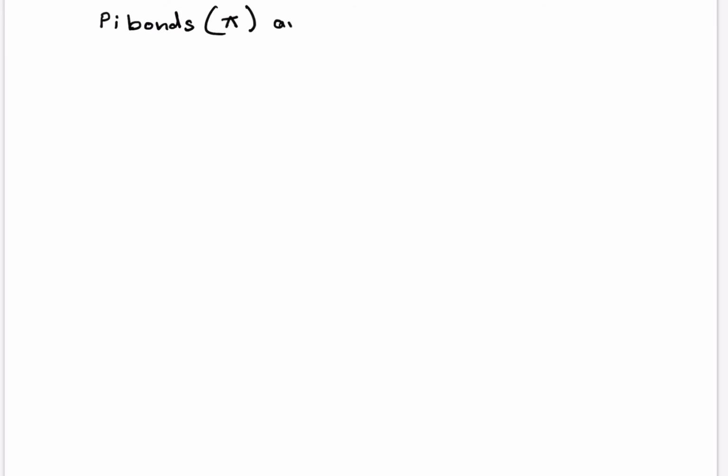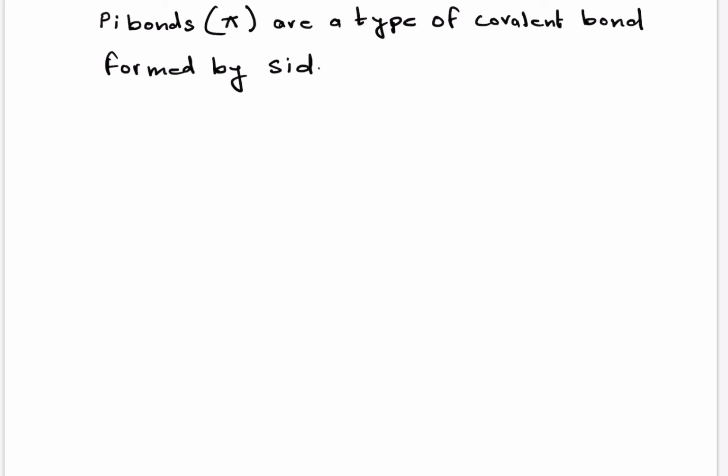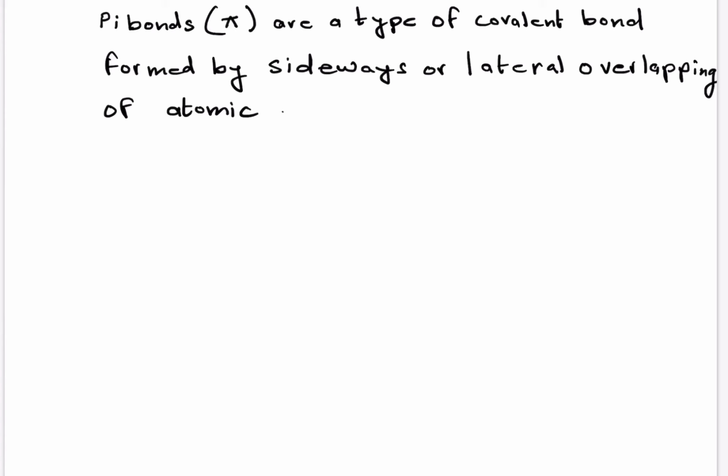Pi bonds are a type of covalent bond formed by sideways, or we can also say lateral, overlapping of atomic orbitals.